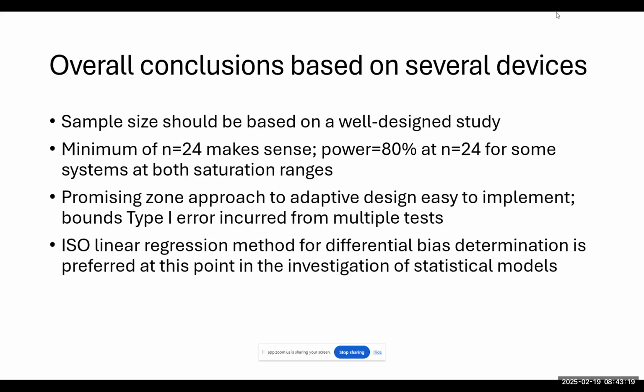Okay. Before we get into those power curves here, we'll just give some quick conclusions of what we saw. Really looking ahead now, I think a lot of us are aligned. There's variability in devices, in performance, and in sample size required.